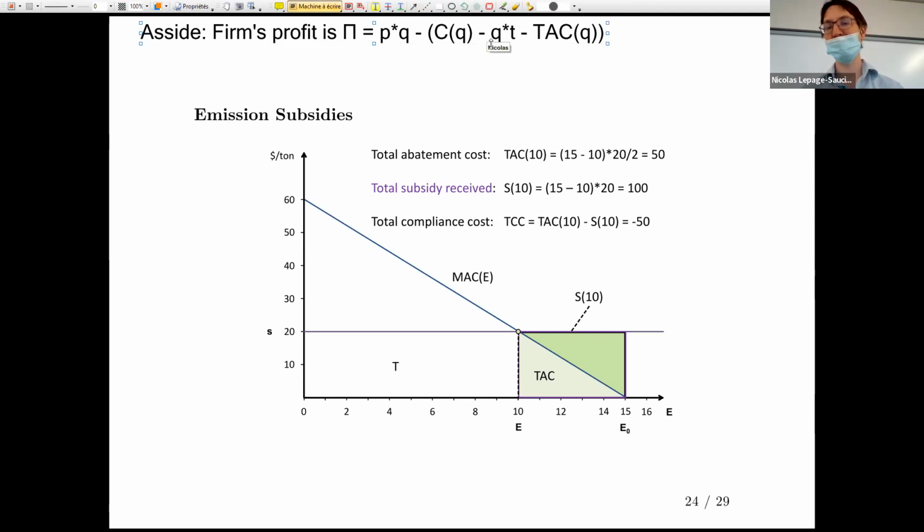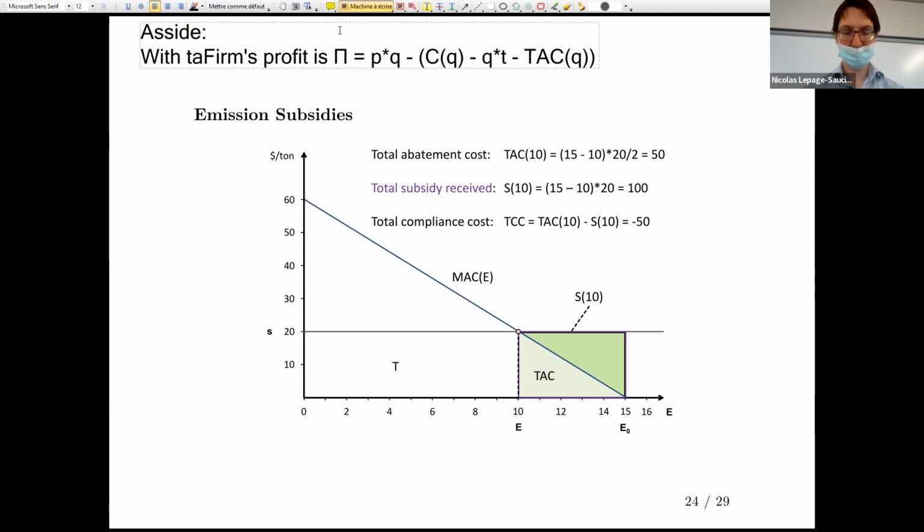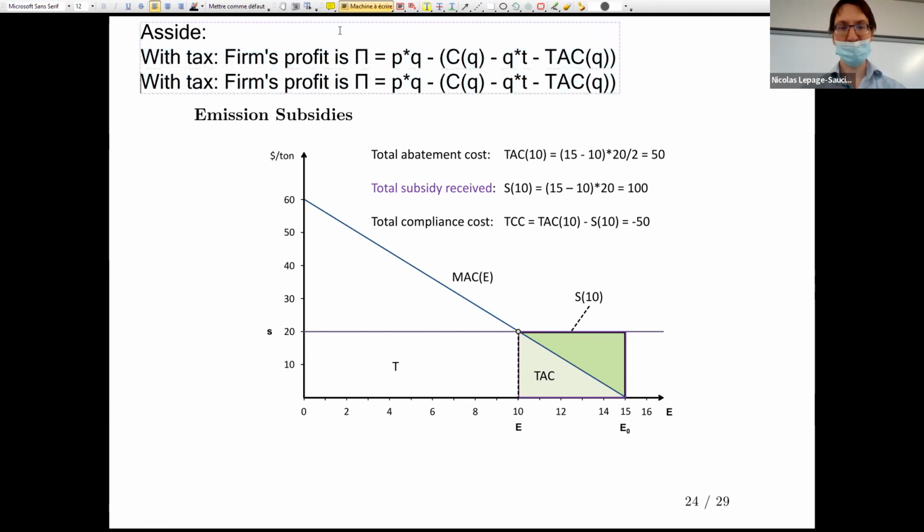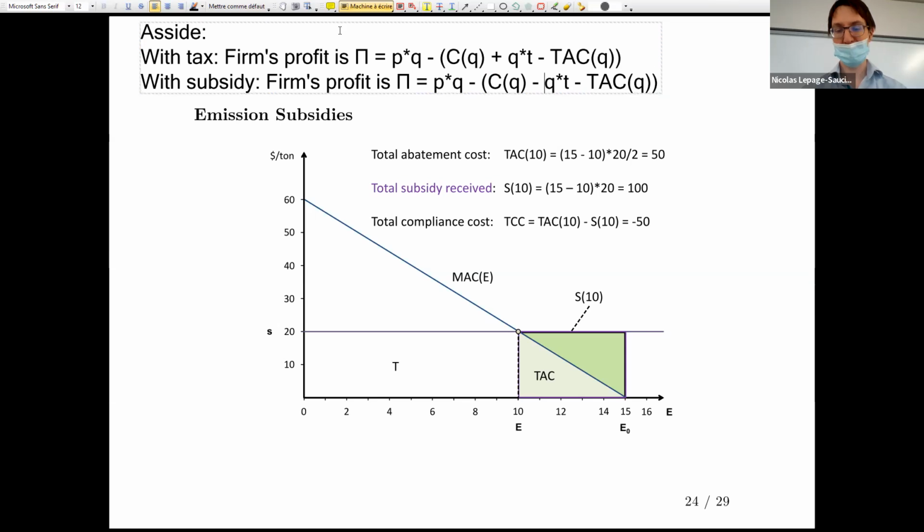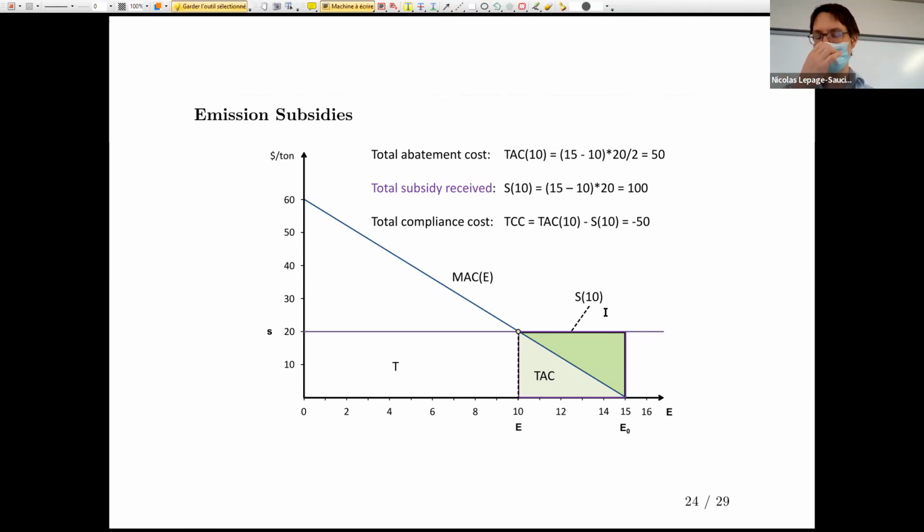With tax, it's this way, and with subsidy, the firm profit is... Oh yeah, so that's plus. Sorry, that's part of the cost, and then minus 0. But here everything is in terms of quantity, so that's okay. I shouldn't go there. Sorry, I should think more about it. Maybe you express everything in terms of emission. That's better, but it's more advanced.